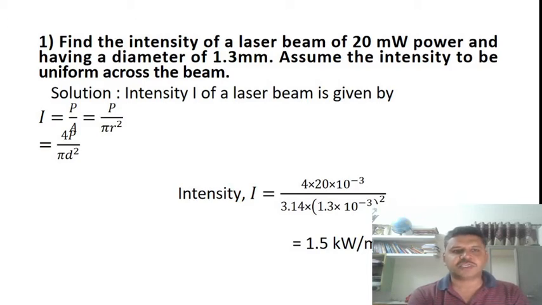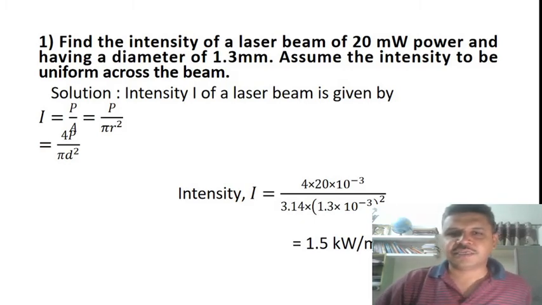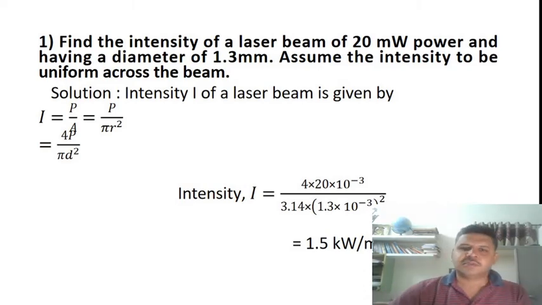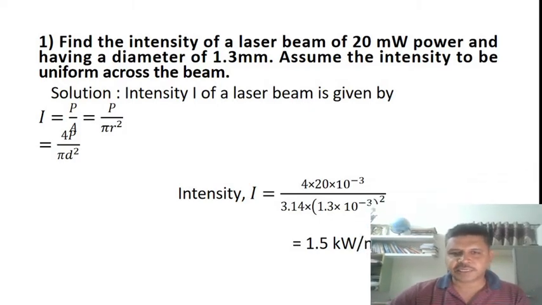Substitute the values: 4 into P, the given value 20 milliwatt, into pi into d, the diameter given as 1.3 times 10 to the power minus 3, whole squared. After calculating all these things, we are getting 1.5 kilowatt per meter squared. So this is the way we are going to calculate the first problem.